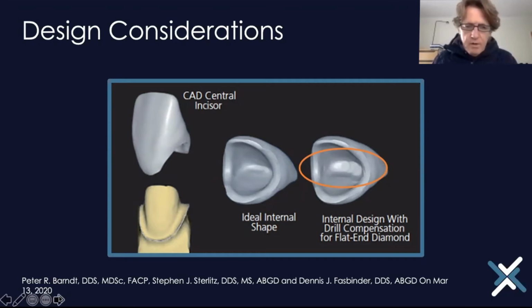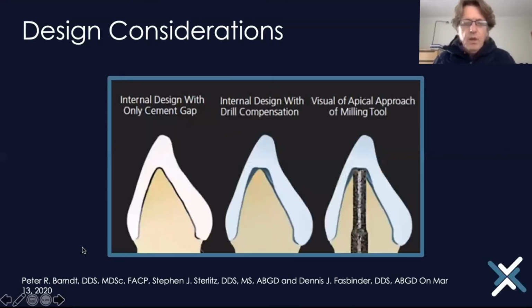So that's number one feature of anterior crowns when you prep them. Be very, very careful of the width of your incisal part of your prep. And this is exactly what will happen. So if you prepare a narrow tip and you are going to have a milling device, the drill bit is going to determine how far you are milling this out.